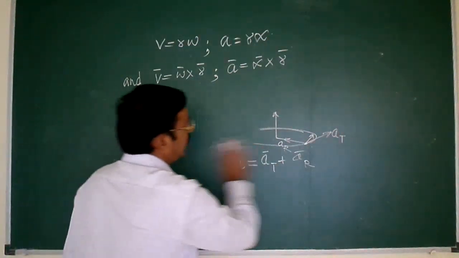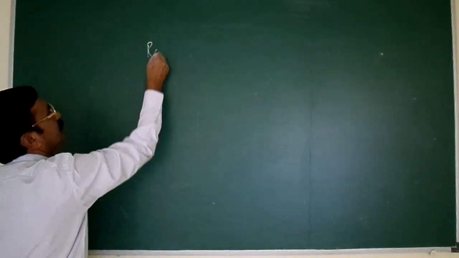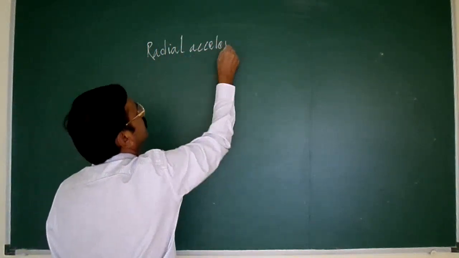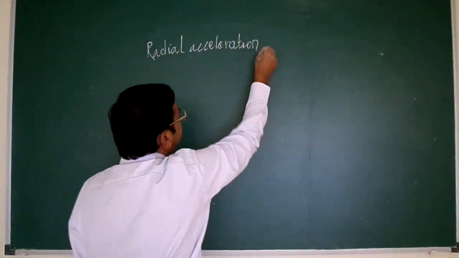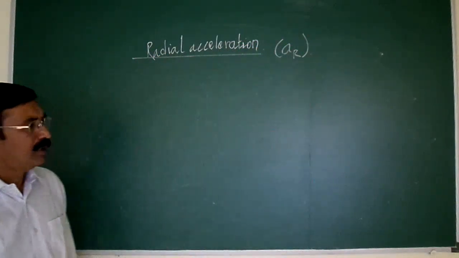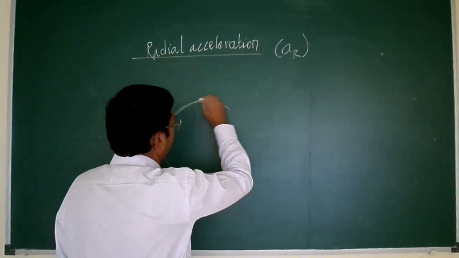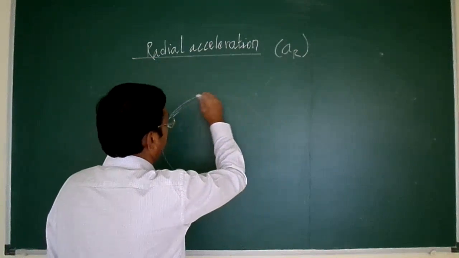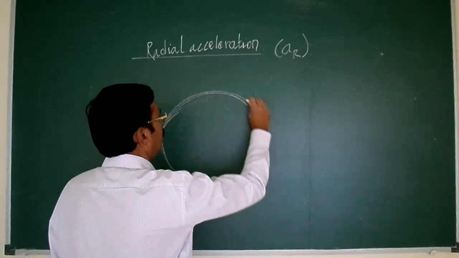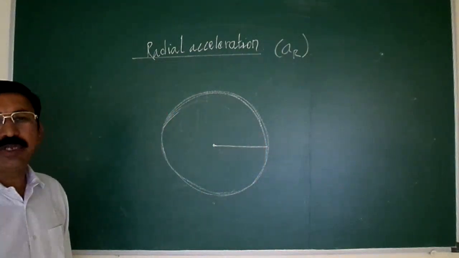Now when we are going to study the radial or centripetal acceleration, let us consider a particle performing uniform circular motion.